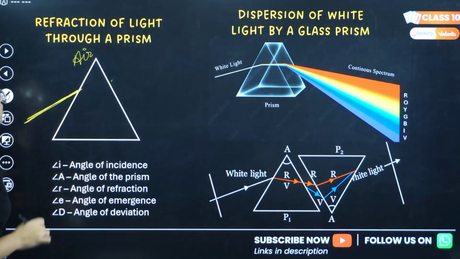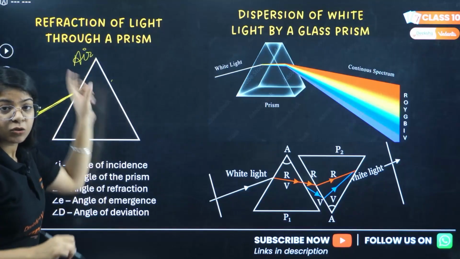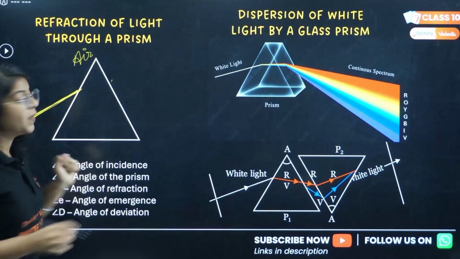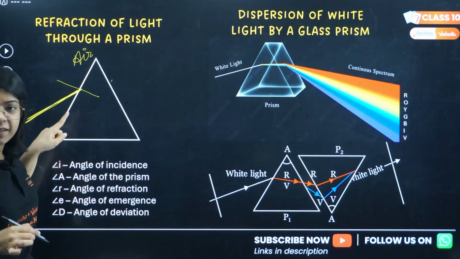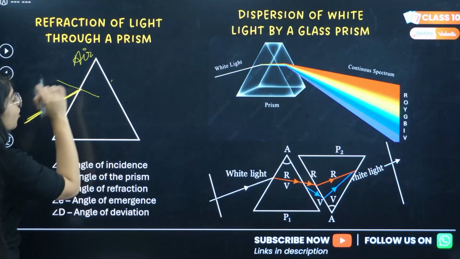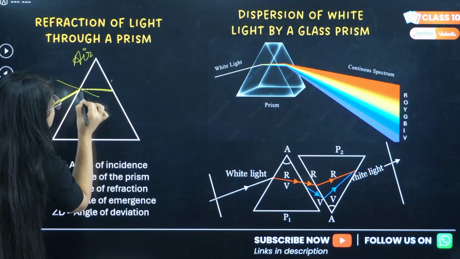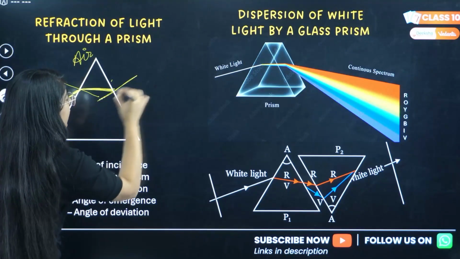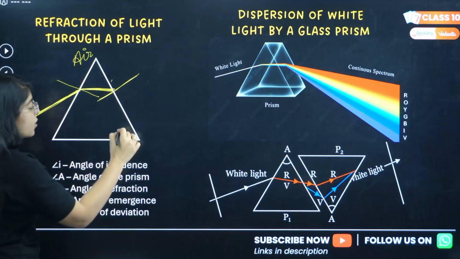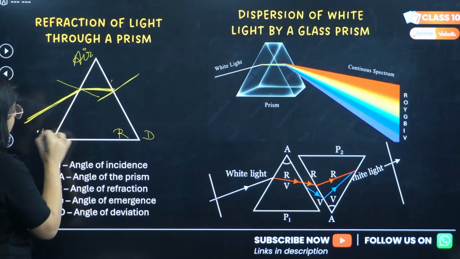Now what happens? The light enters. Now this is the rarer medium, this is the denser medium. Let's draw the normal. This is the normal to the glass face, right? Now it will bend towards the normal. Again draw the normal at the other face. Now it is going from rarer to denser.